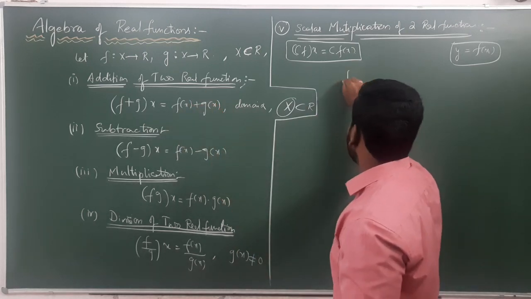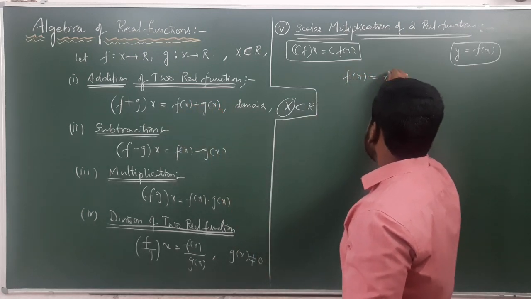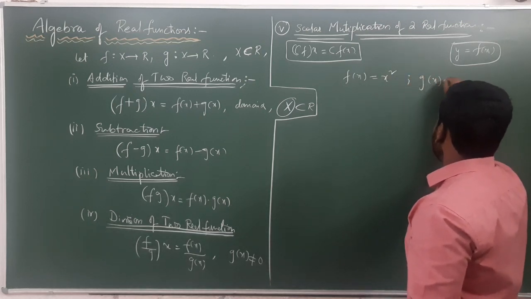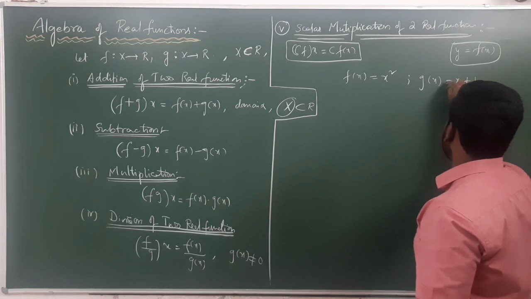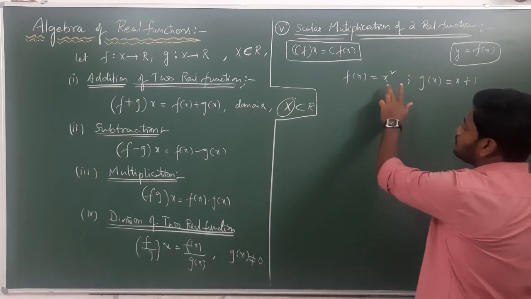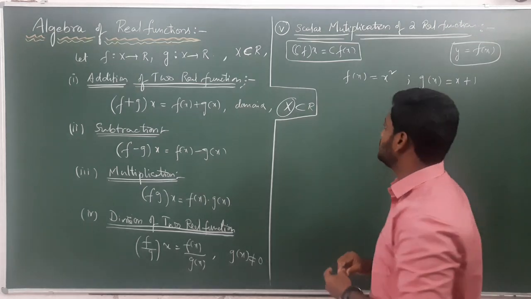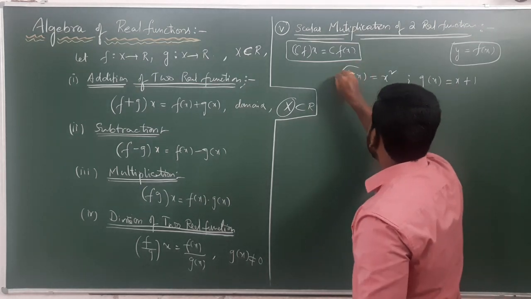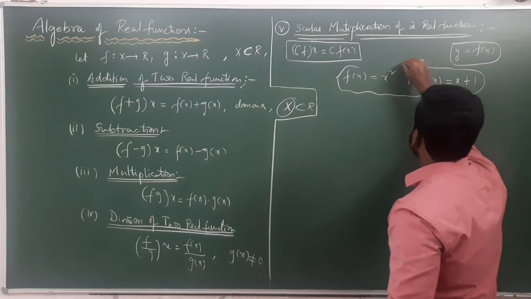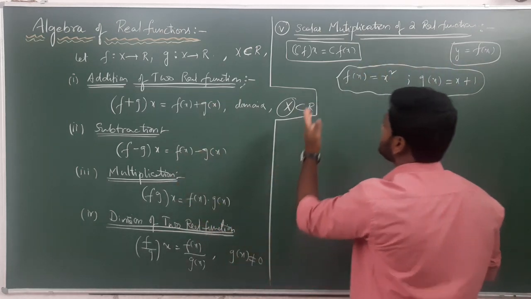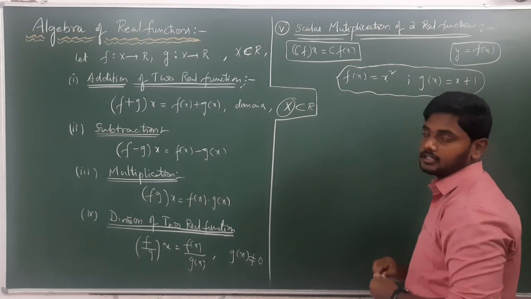So as I said, these are all about two real functions. I will consider f of x as x square and g of x as x plus 1. You can consider any two real functions where both domain and range are subsets of real numbers. After considering these two functions, how will they apply to addition, subtraction, multiplication, division and scalar multiplication?